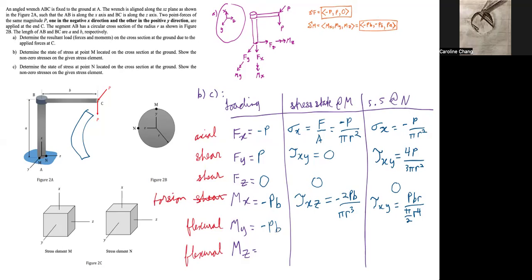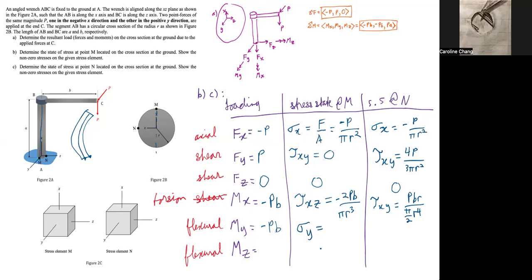And because of this, what is the stress in the actual y direction going to be at M? Well, M is across the neutral axis. As we can see, it lies in the middle. Even here, it lies in the middle.